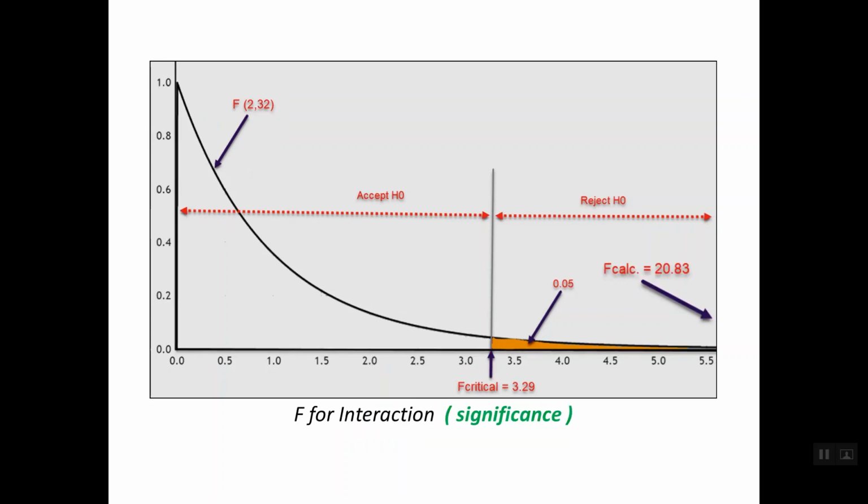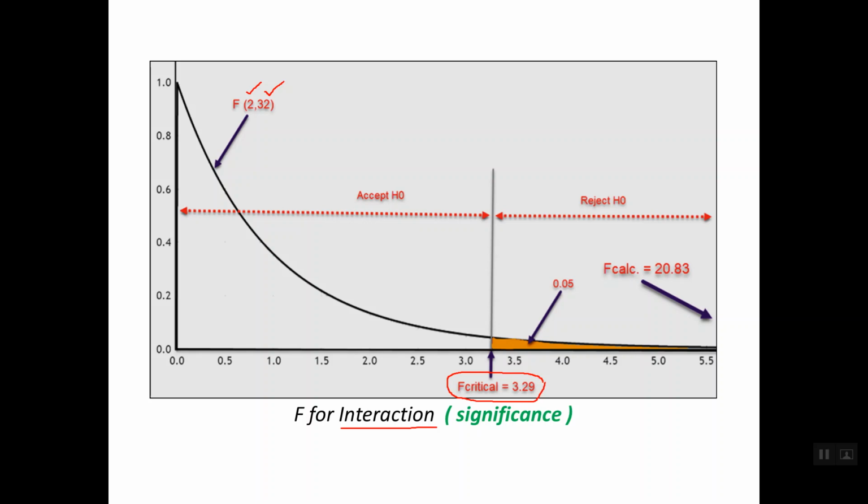Regarding the interaction between the two factors, this is the F curve for this factor. We have degrees of freedom 2 and 32, and the critical F is 3.29.